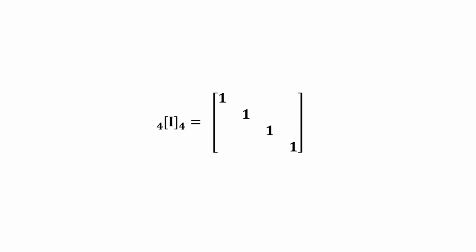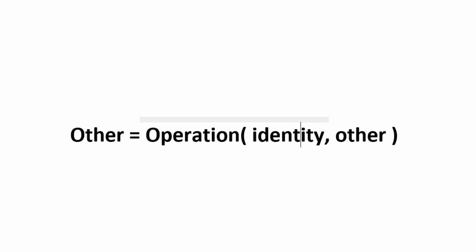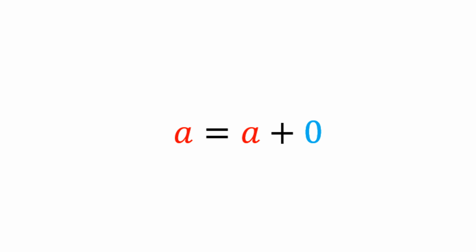The term identity is a more general term that refers to a value for an operation that when two values are operated on, it returns the other value. So for addition, for instance, the identity is 0. When you add 0 to another number, you get that other number. The identity for scalar multiplication is 1.